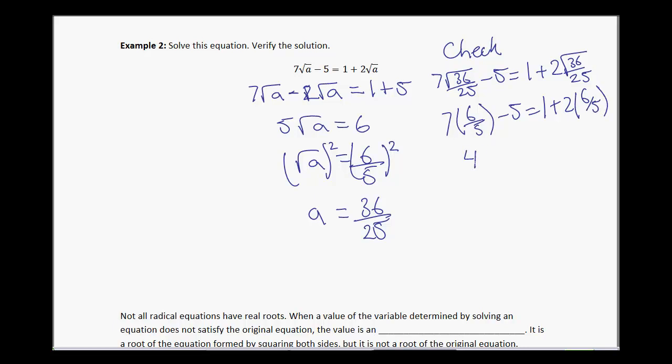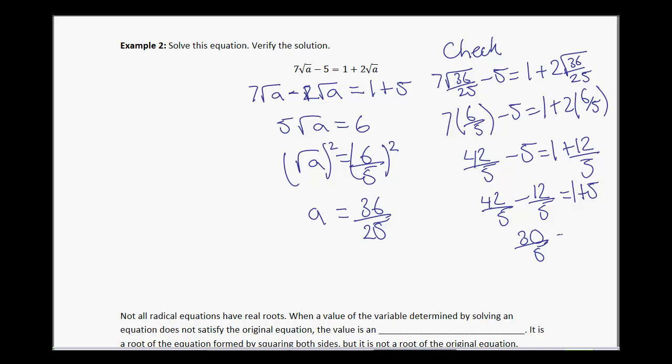Multiplying out, we get 42 over 5 minus 5 equals 1 plus 12 over 5. Collecting like terms, we get 42 over 5 minus 12 over 5 equals 1 plus 5, leaving us with 30 over 5 equals 6, and finally 6 equals 6. So a equals 36 over 25 is the correct answer.